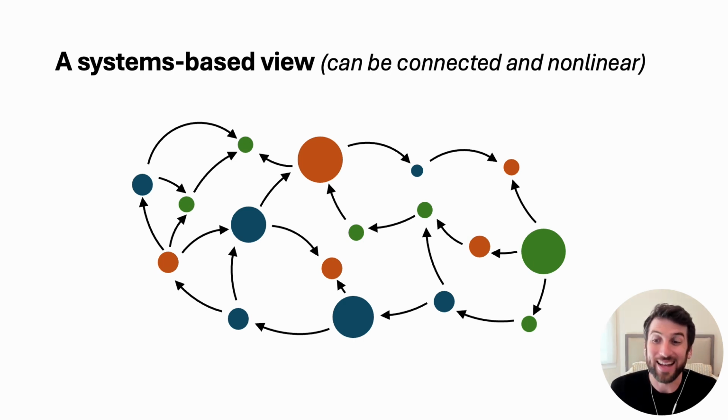So the whole is not a simple addition of the parts, and this means that the pieces are interrelated. So it's not just that one input leads to one output in a simple way. Things can be connected and things can be harder to predict, a lot more complex. So a systems-based view is not just about linear systems, also considering nonlinear systems. And this is what we often call complex systems.